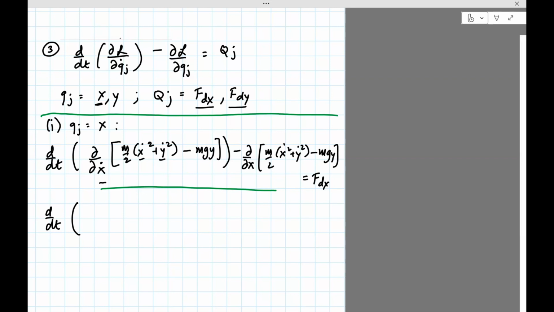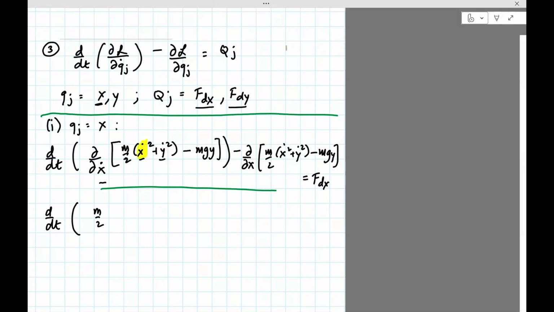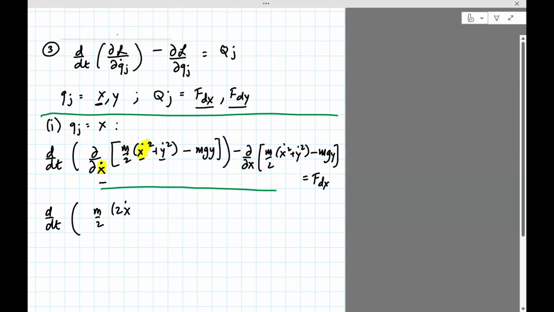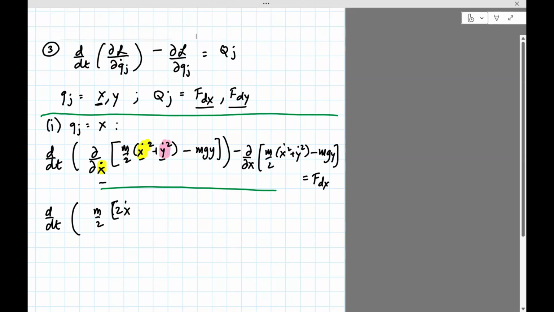So here, when we do this, we have m divided by 2. The derivative of this term with respect to x dot will give you 2 x dot, right? Just treat x dot as a number v_x. And then the derivative of this one would be 0. The derivative of y dot with respect to x dot will be 0, because they are different variables, and you treat y dot and x as constant.